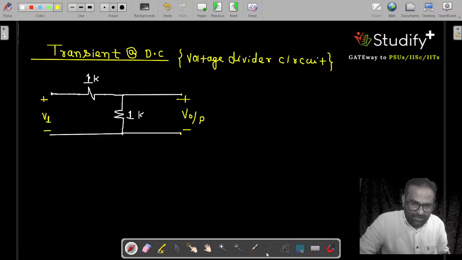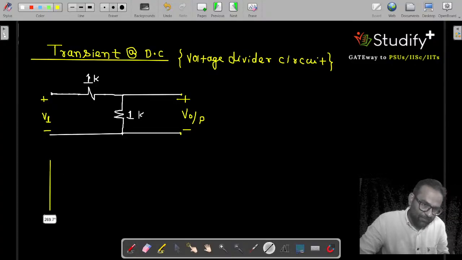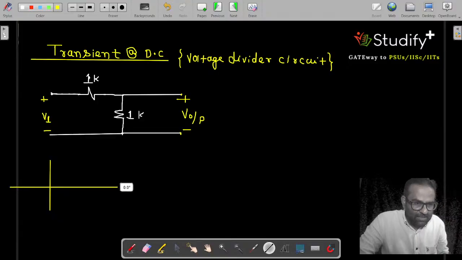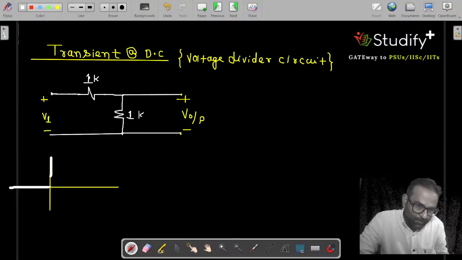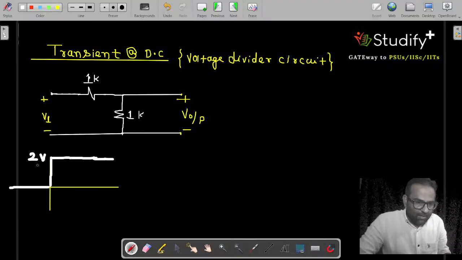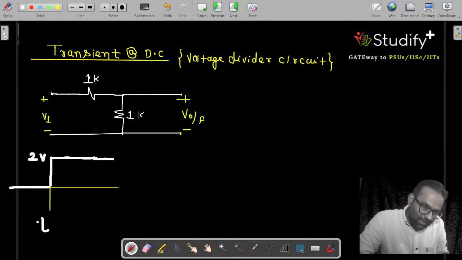If I have one waveform like this, and let's say this waveform is abruptly changing, going from 0 volt to 2 volt at t equal to 0.